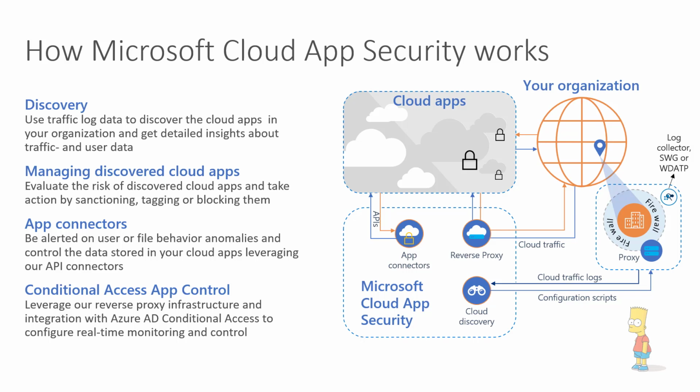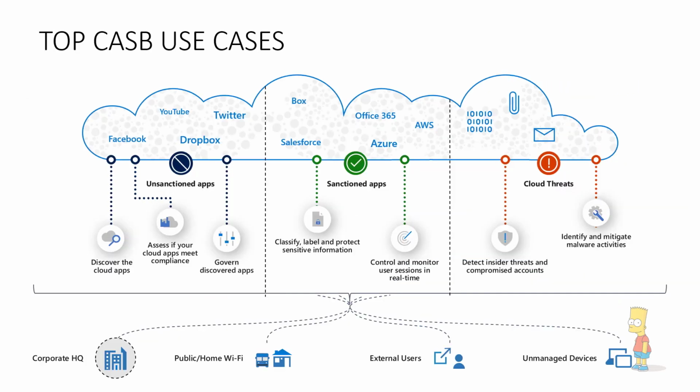When it comes to what you want to do, the top use cases on CASB can be categorized into three sections. One thing is, after discovering, you will be able to determine what applications you want to unsanction or block for your organization. You can see in the picture a couple of applications mentioned, because those applications may be bad, or maybe they are not required for the organizational function.